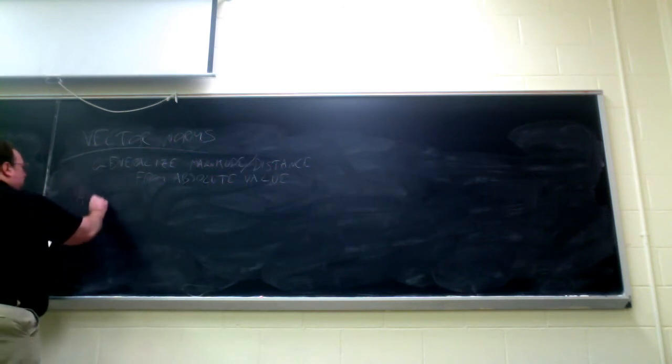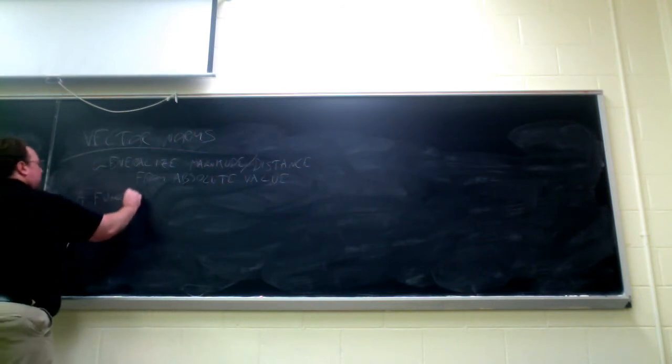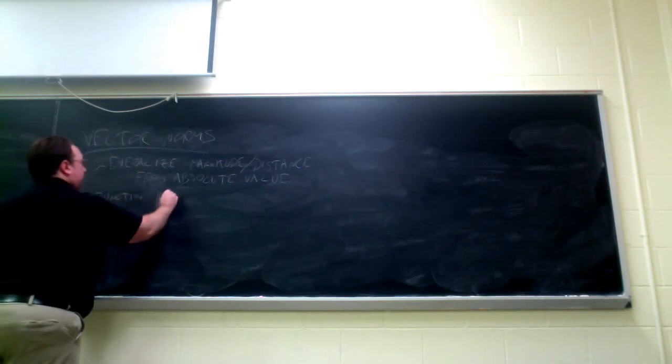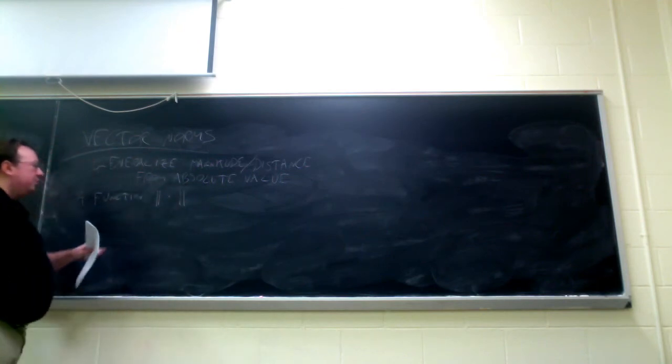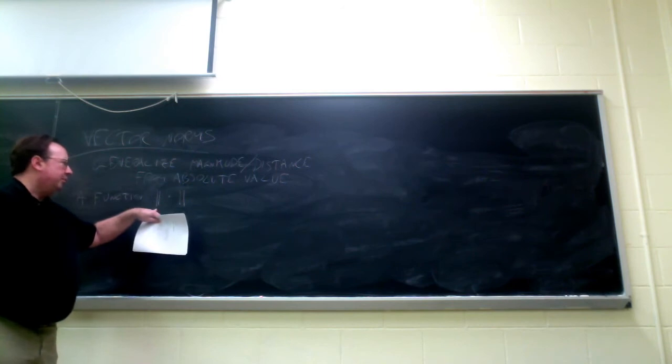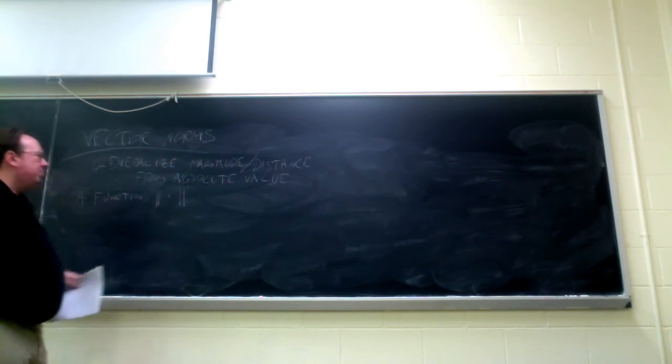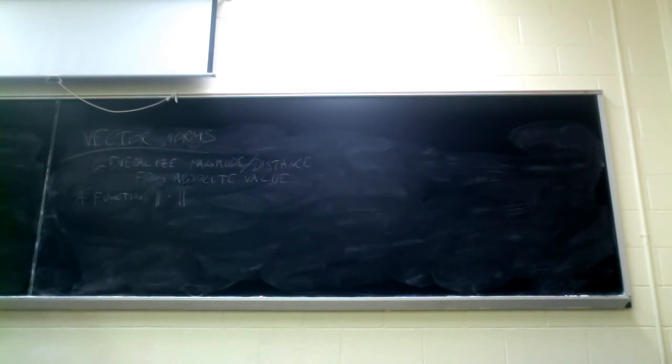So a function that's denoted by using the double vertical bars, and then the dot here is just a placeholder. So that's where we're going to be evaluating this function.